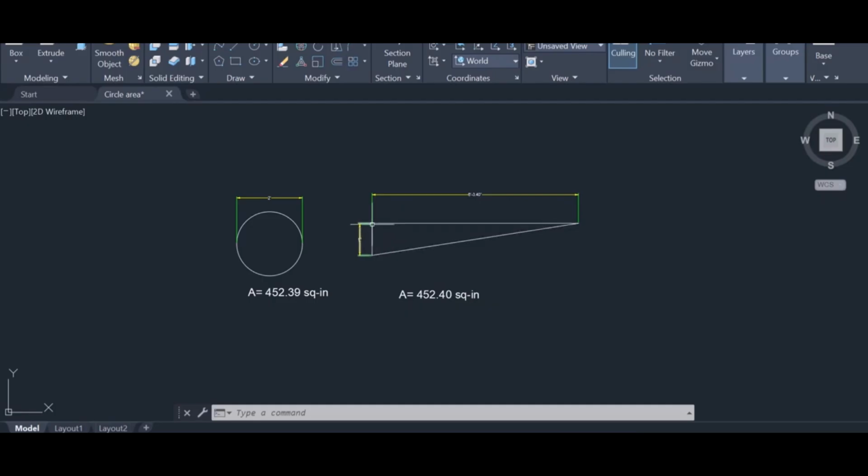Circumference length is the radius, and we control the triangle.